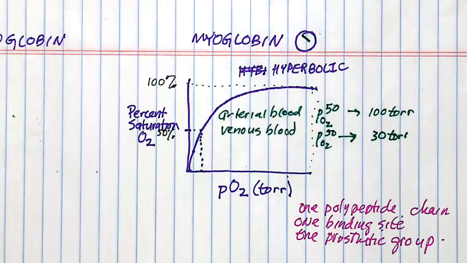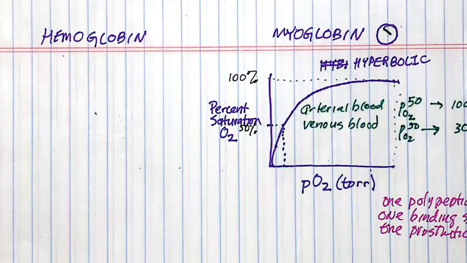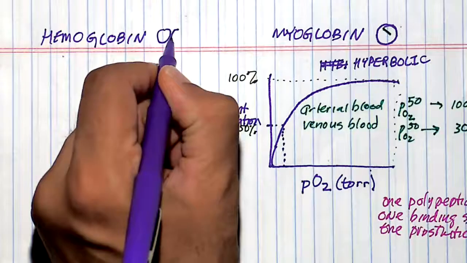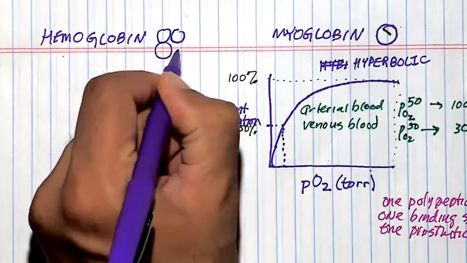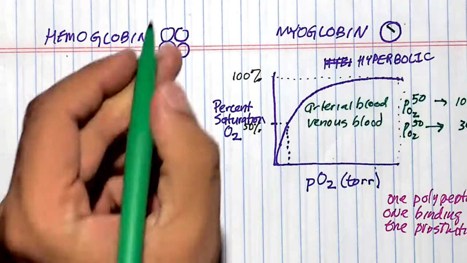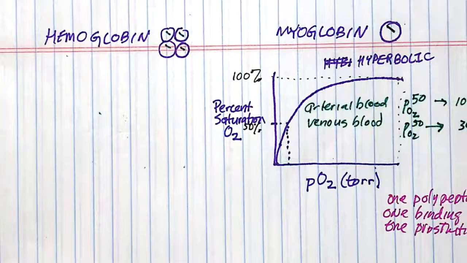So that's myoglobin. Now let's go to its sort of complicated cousin, hemoglobin. Again, this is going to be a rush explanation. More specifics are going to be in your textbook and in the notes that I handed out in class.